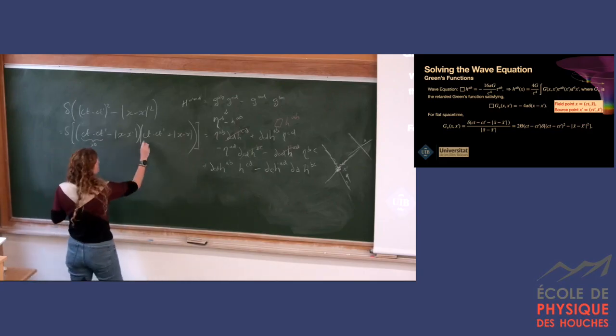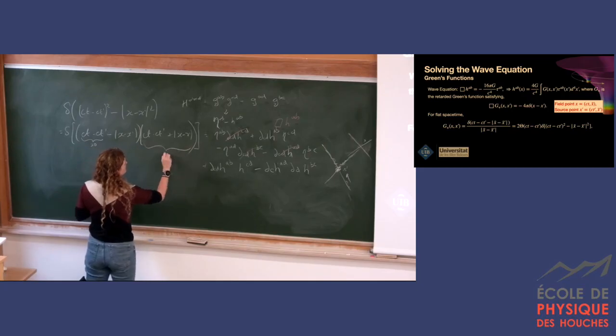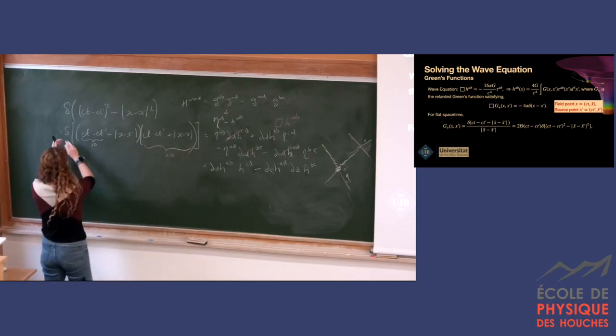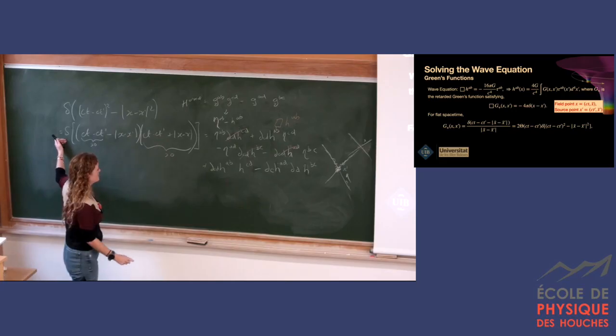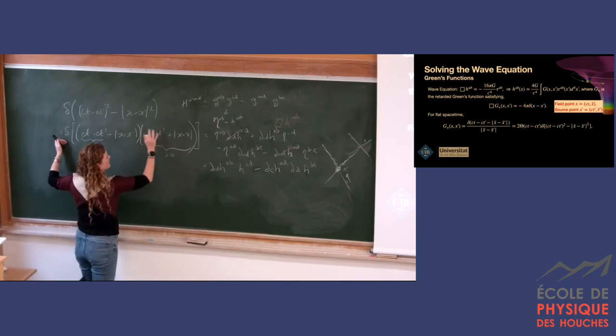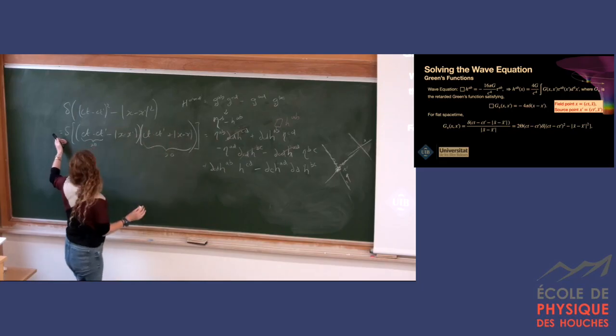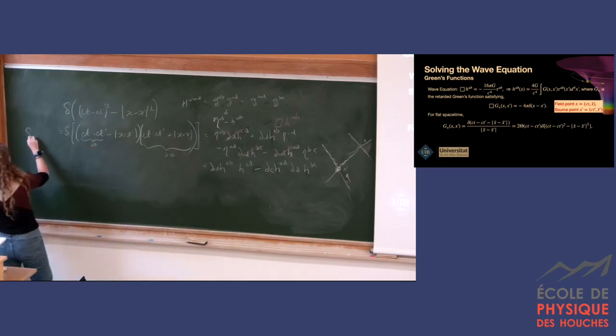If this is greater than 0, then this whole thing is greater than 0. And remember, for your delta, you need one of these things to be zero, so this factor can't be the one. We just think of it as something multiplying it. And you have this formula that delta of a x is equal to 1 over a, delta of x, as long as a is positive.